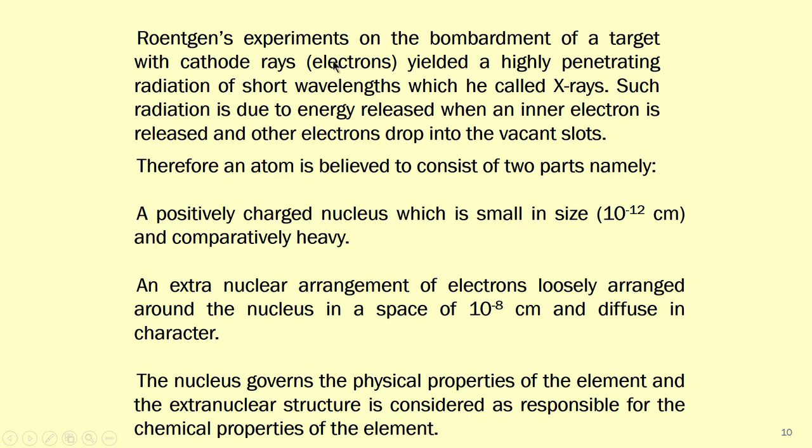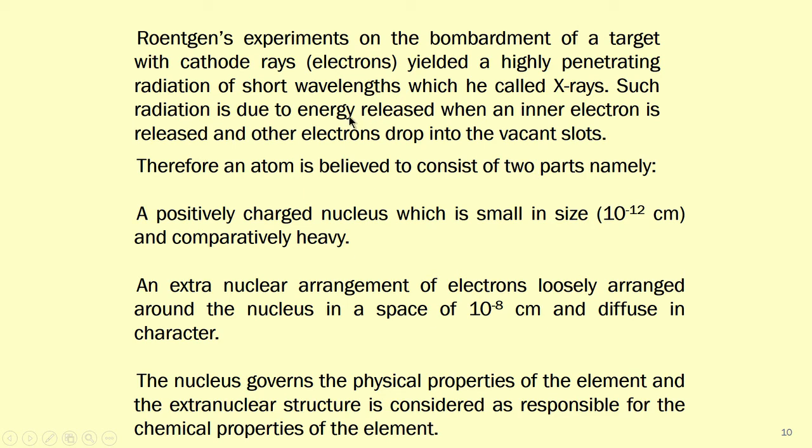So, Röntgen, that was the scientist Röntgen, his experiments on the bombardment of a target with cathode rays yielded a highly penetrating radiation of short wavelengths which he called X-rays. Now, the X-rays are the cathode rays which are hitting a metal target and then coming off the metal target. So, these rays are called X-rays.